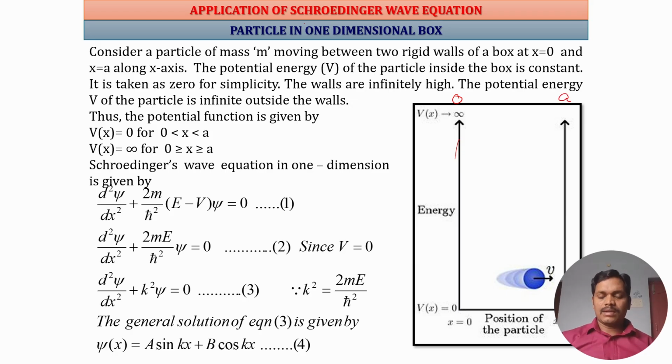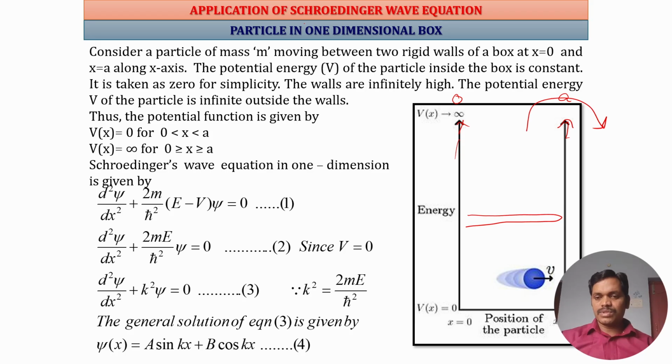A particle can undergo motion like this in the potential well. But the important assumption we have to consider is that the potential well has infinitely high walls. So these two are infinitely high walls, which means the particle cannot come out.